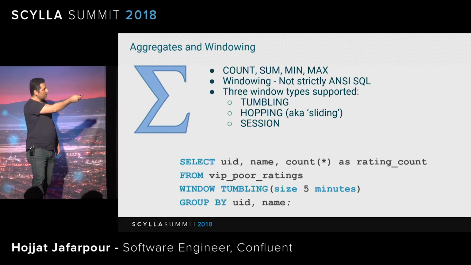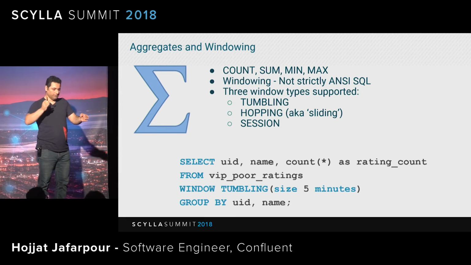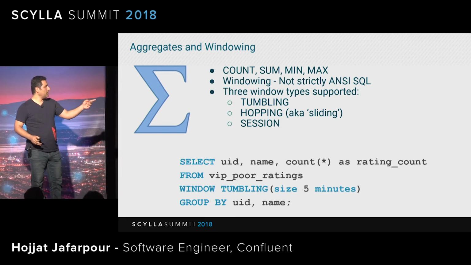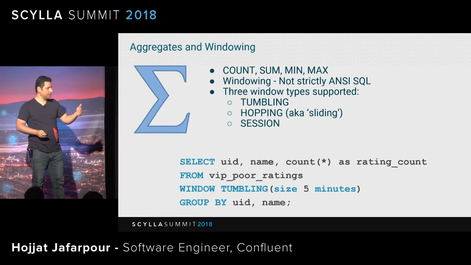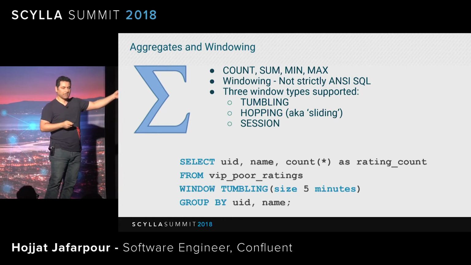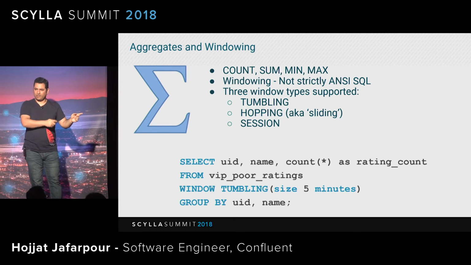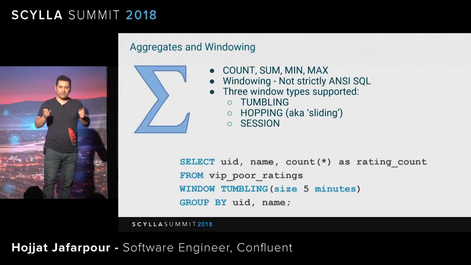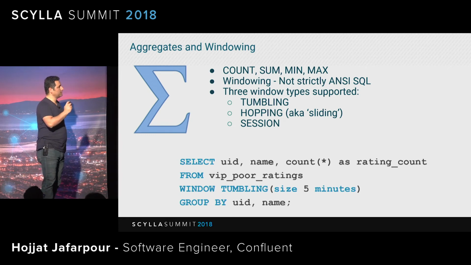As you see here, I'm just using a simple tumbling window. For every 5 minutes, I will be calculating the count of the lower ratings that I had. And if I have anything in 5 minutes, it's going to be in the count. But I don't want to put everything there. I only want to find the ones that have more than 2 negative ratings.